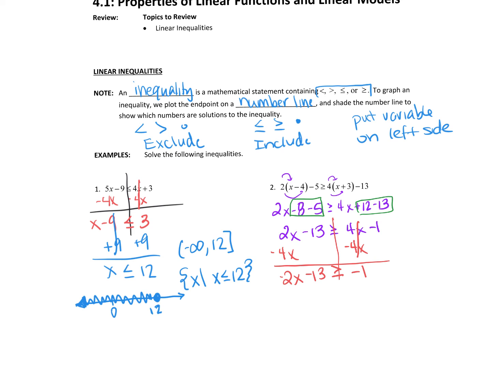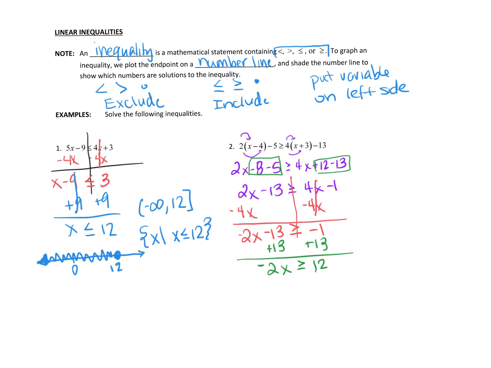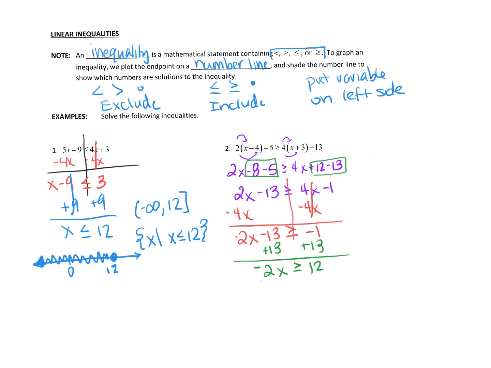Isolate the x. So I need to add 13 to both sides. And I get negative 2x is greater than or equal to positive 12. So solving here, divide everything by negative 2. Now the issue is that when you divide things by negatives in terms of inequalities, it makes things change.